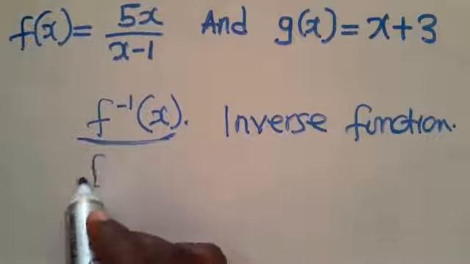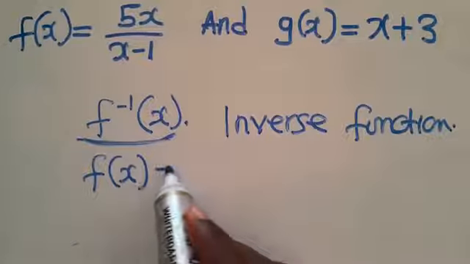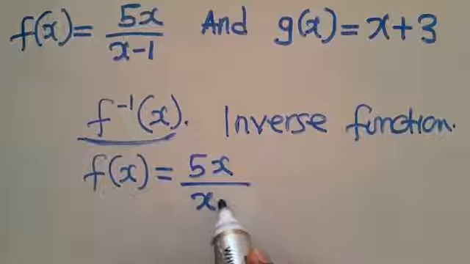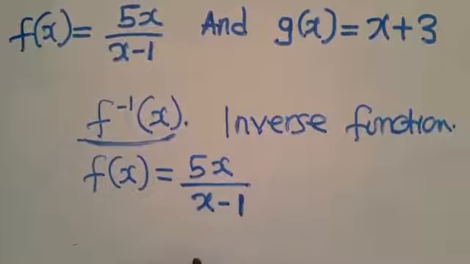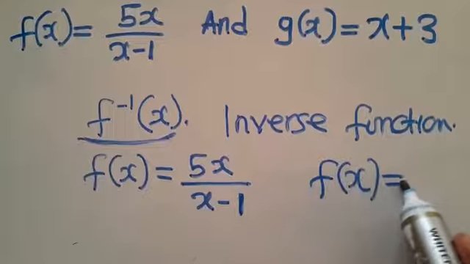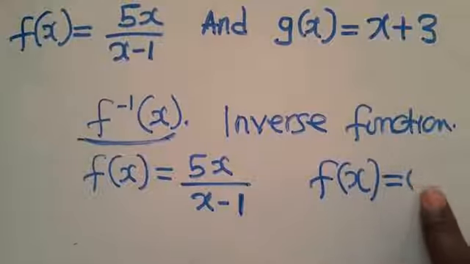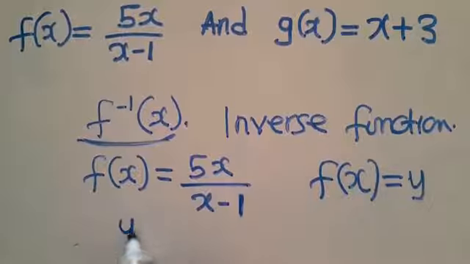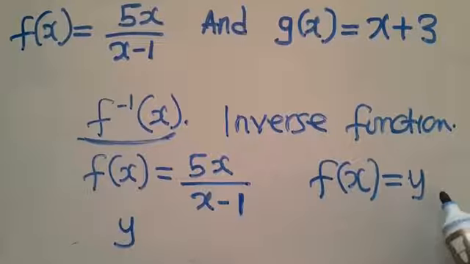You write the function f of x is equal to 5x over x minus 1. I said that always f of x is equal to y. So you put a y there. Here you put y, because we've said f of x is equal to y.